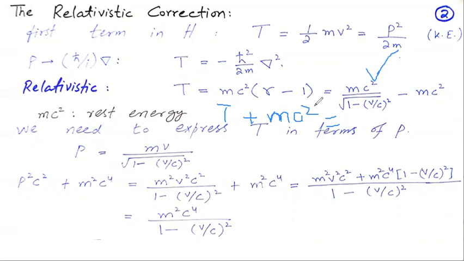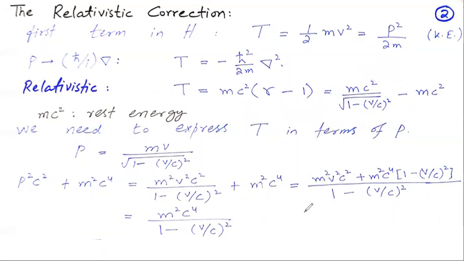Now take the whole square of this, and here you will see m square c power 4, and you will get rid of this square root, and now you can see that this whole term will look like this.